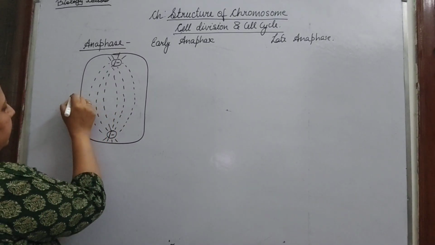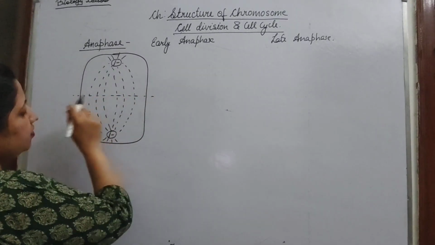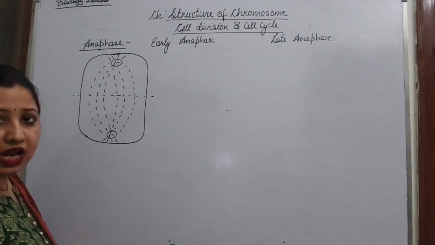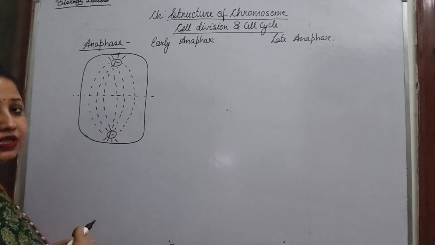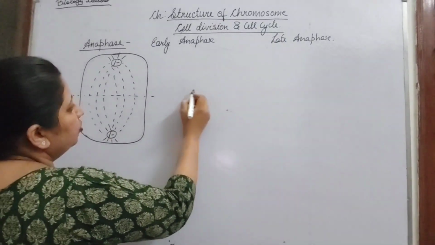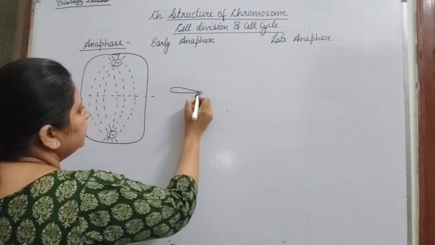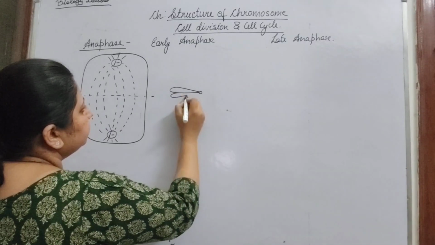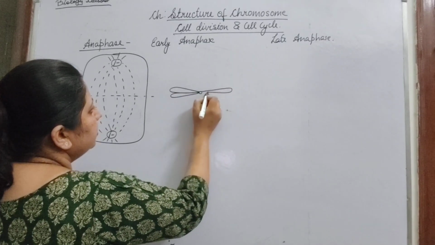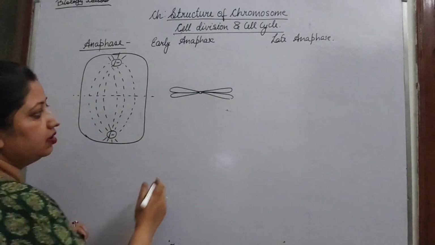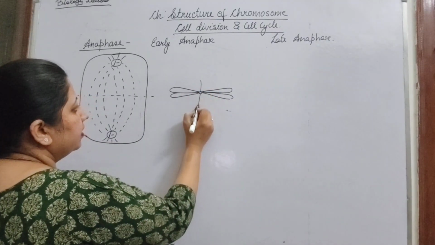As in the metaphase, all the chromosomes come on the equatorial line. When the anaphase starts, the chromosome starts to split. The chromosome has a centromere and two chromatids, connected at the centromere position, and this is the spindle fiber.